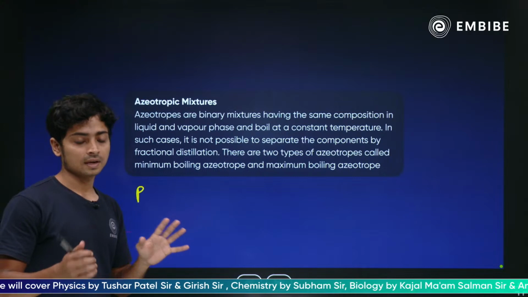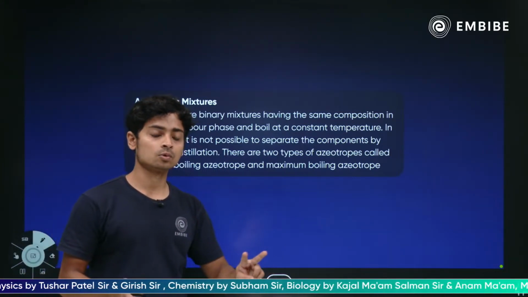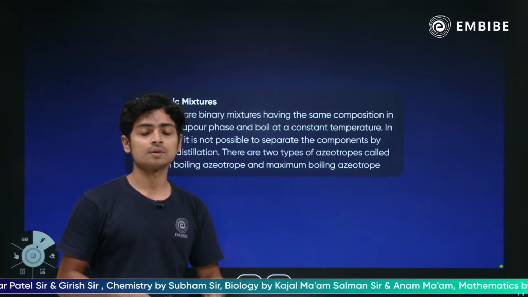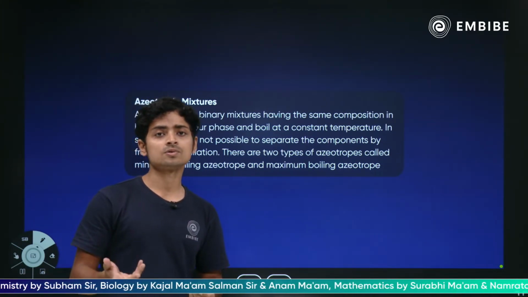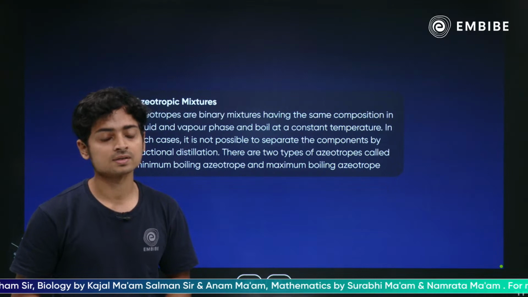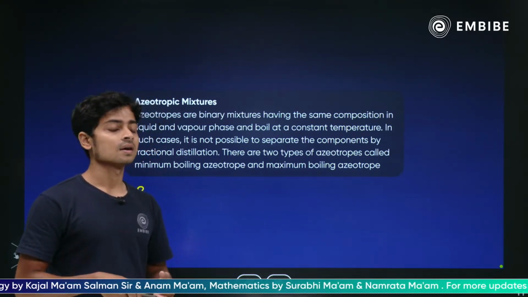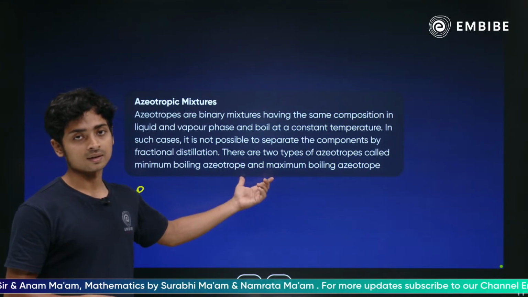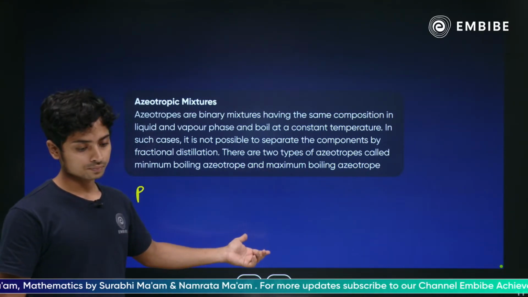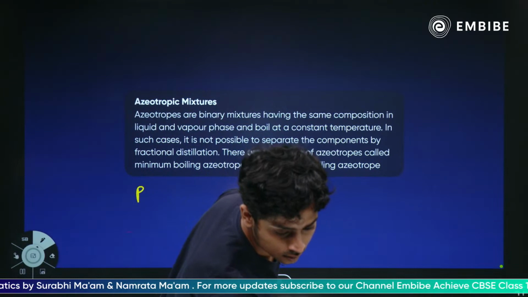You guys know, you must have studied, that for liquid mixtures, if the boiling points are very close, like less than 25 degrees Celsius, we use fractional distillation to separate the components, but in certain cases you can't because they behave as azeotropic mixtures.